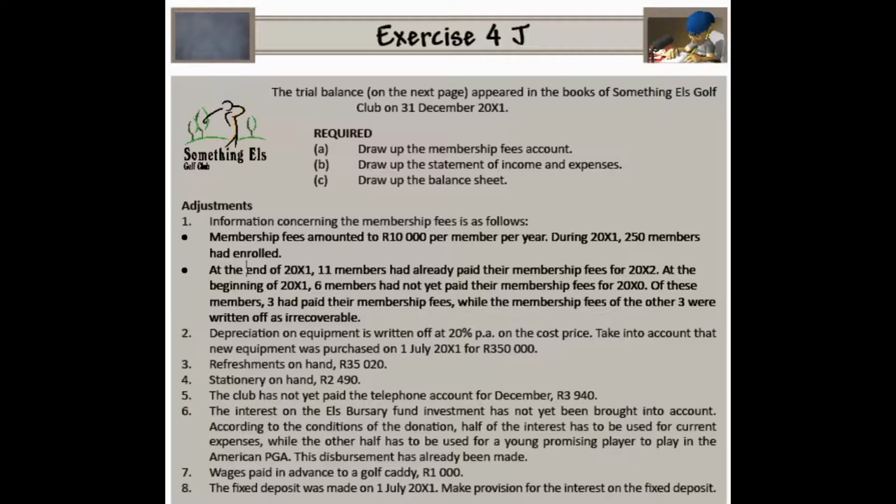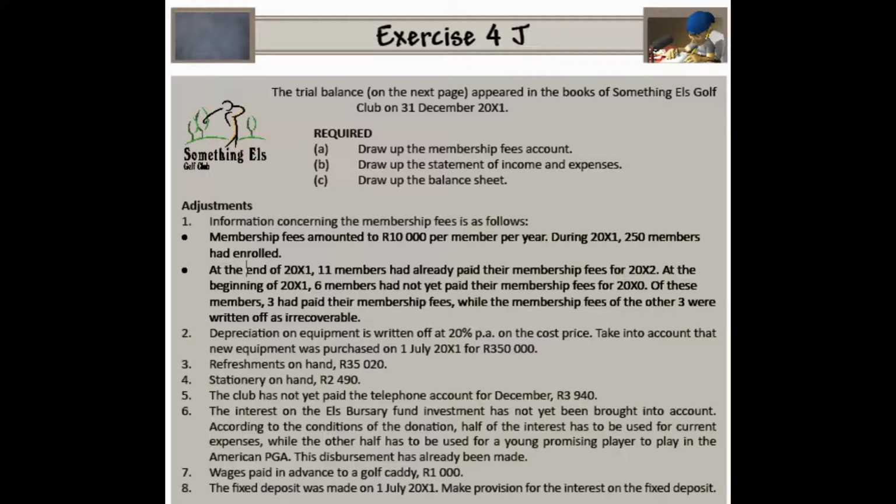So the 150,000 that's left in the interest on investment account, on the debit side, you will have income and expenditure, 150,000. So these are the entries regarding the interest.